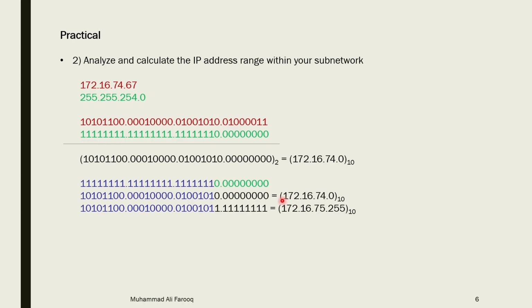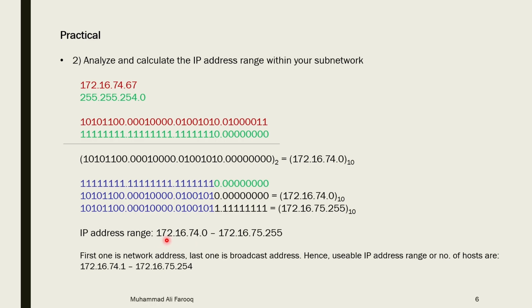So I get the range as 172.16.74.0 to 172.16.75.255. As we know, we cannot use the very first and the very last IP address, as the first one is the network address and the last one is the broadcast address. So we will use the IP addresses lying within this range.